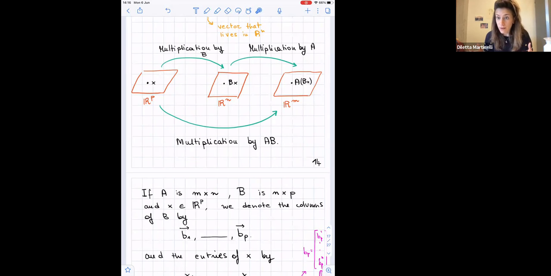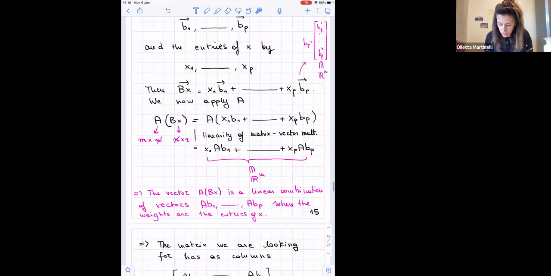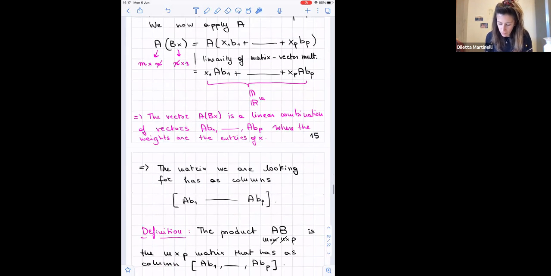Otherwise, if we have two different spaces, the composition wouldn't be defined. And the matrix that we get in the end has size m times p, so it represents a linear transformation going from Rp to Rm.